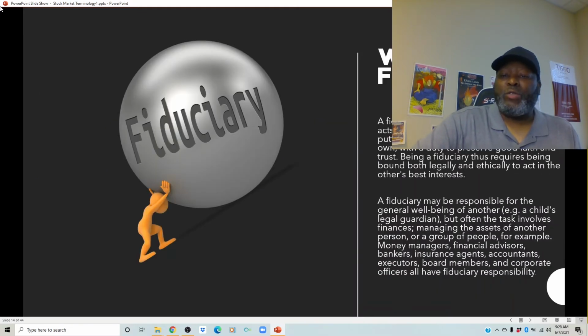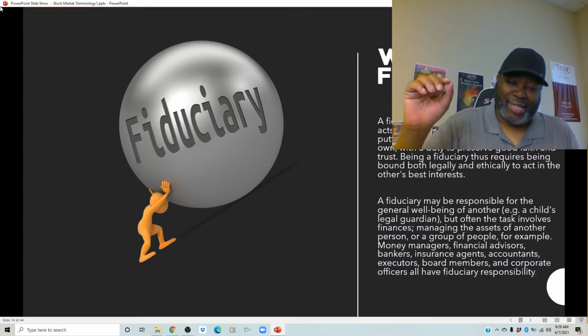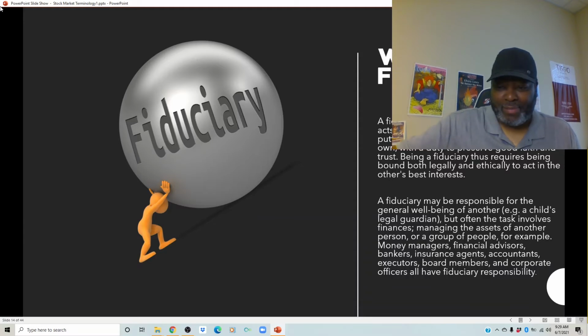What is a fiduciary? All right, a fiduciary is a person or organization that acts on behalf of another person or persons, putting their clients' interests ahead of their own with a duty to preserve good faith and trust. Being a fiduciary thus requires being bound both legally and ethically to act in the best interests of the other person, basically.